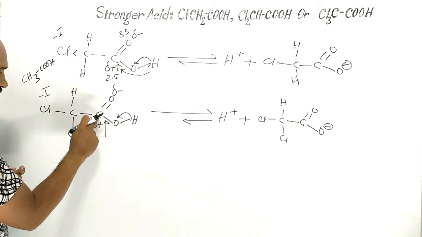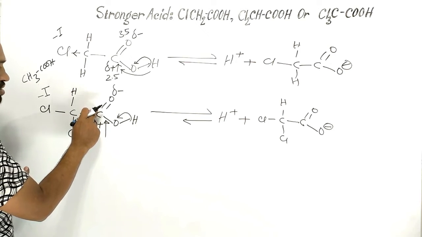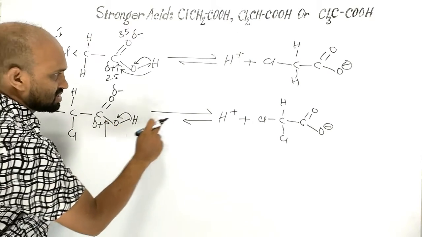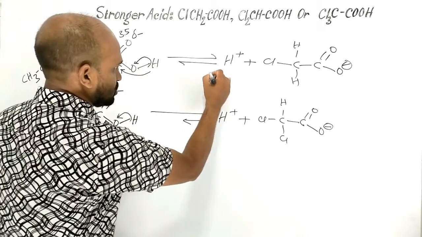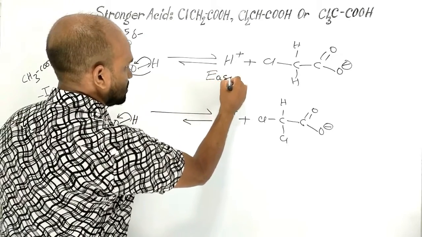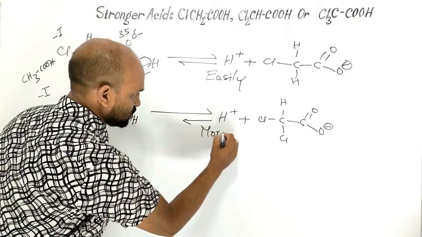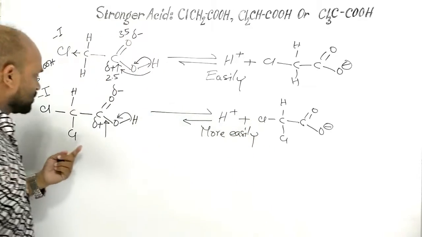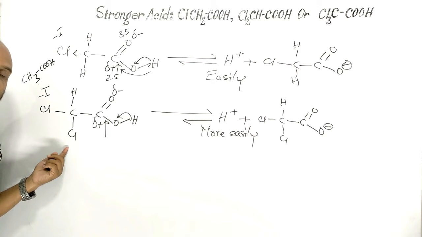That is why the density of positive charge on the carbonyl carbon increases and this hydrogen gets freed as a proton easily. Here it is produced easily, but here it is produced more easily because of the presence of two negative inductive effect atoms.